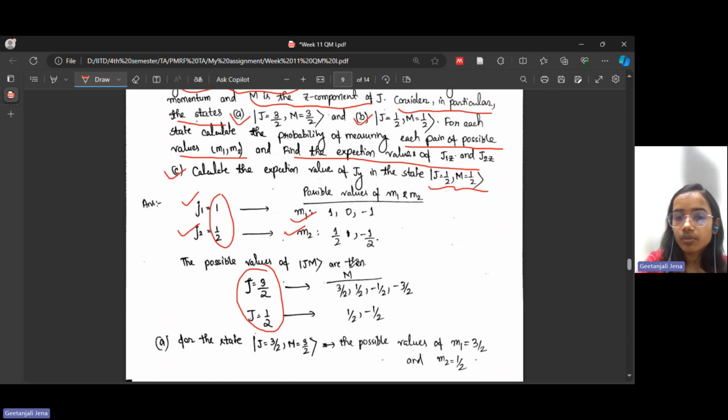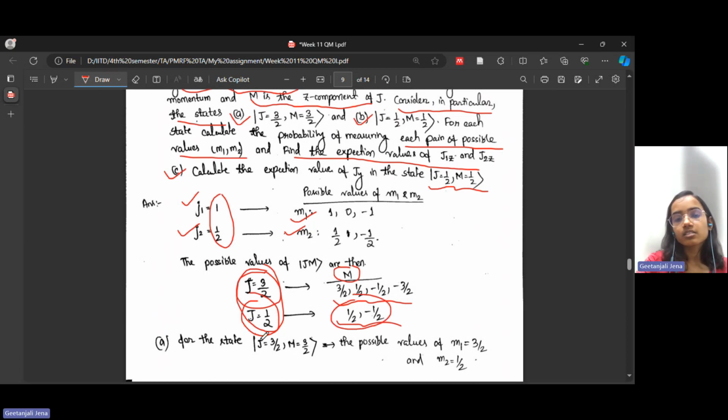For each J, we will have different values of M. When J equal to 3/2, M goes from 3/2 to minus 3/2: 3/2, 1/2, minus 1/2, minus 3/2. For J equal to 1/2, the possible values of M are 1/2 and minus 1/2.